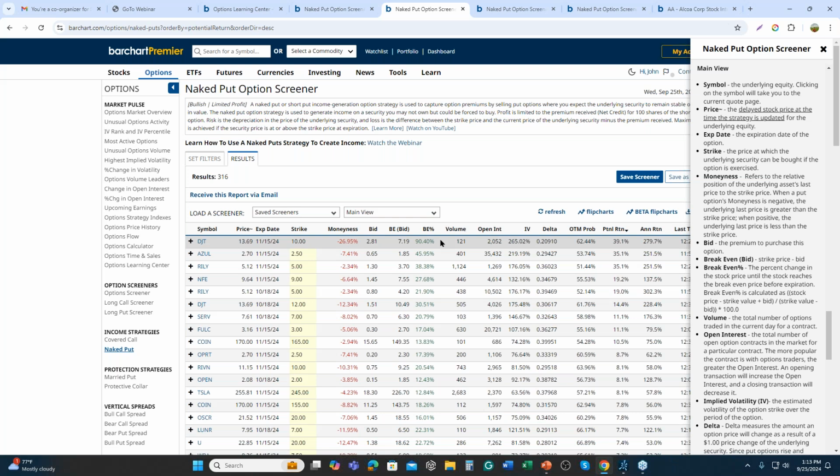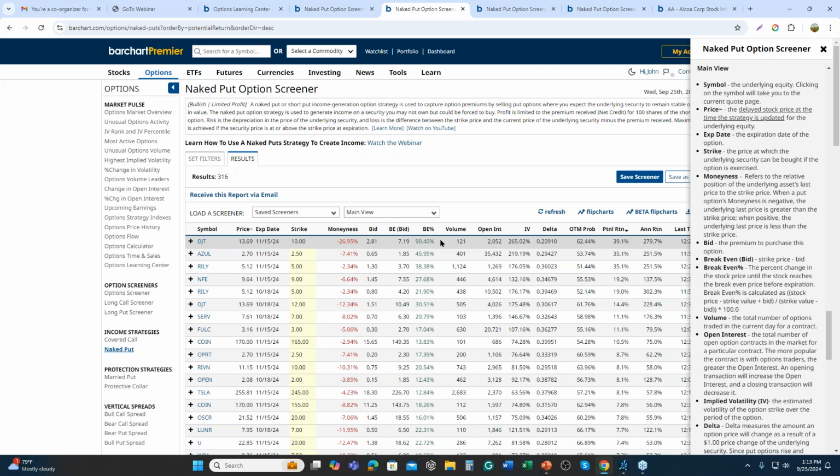Now, we're going to talk about something called downside protection in terms of a probability, but this is how we can turn it into an absolute value, a percentage value. So in this case here, DJT, in order for price to go down to this 1719 bid price, which is our break-even price, it would be almost a 90% drop from current value.